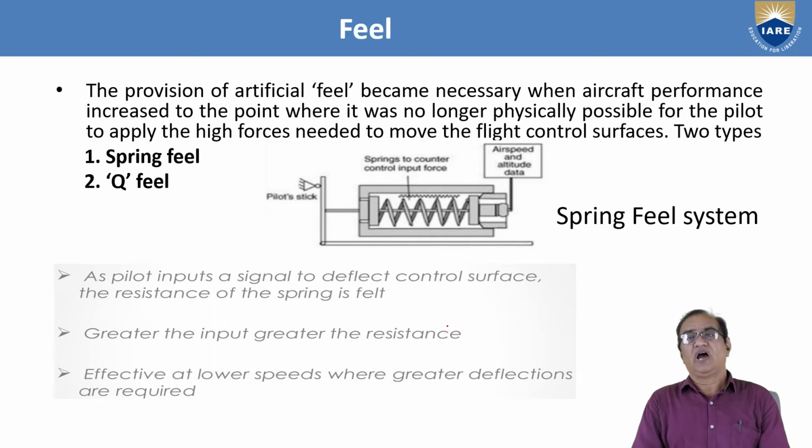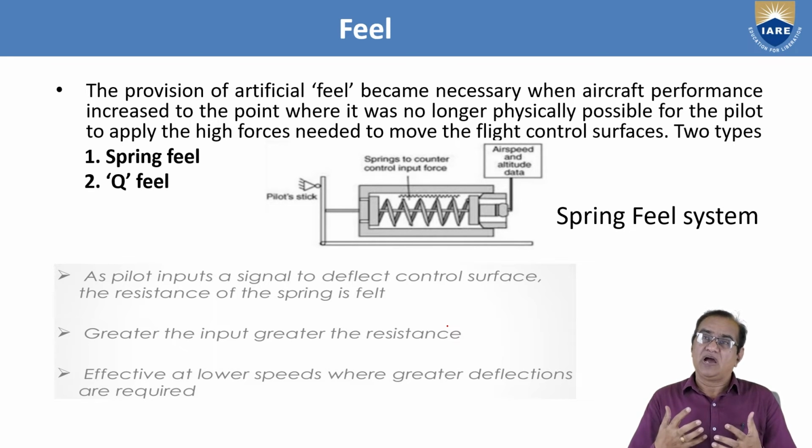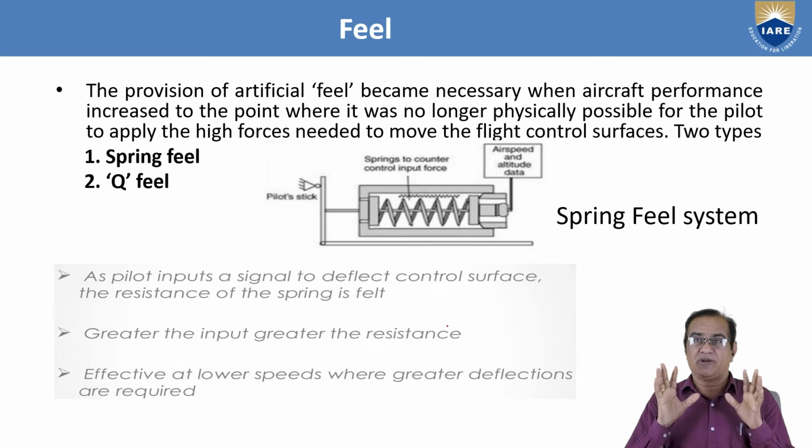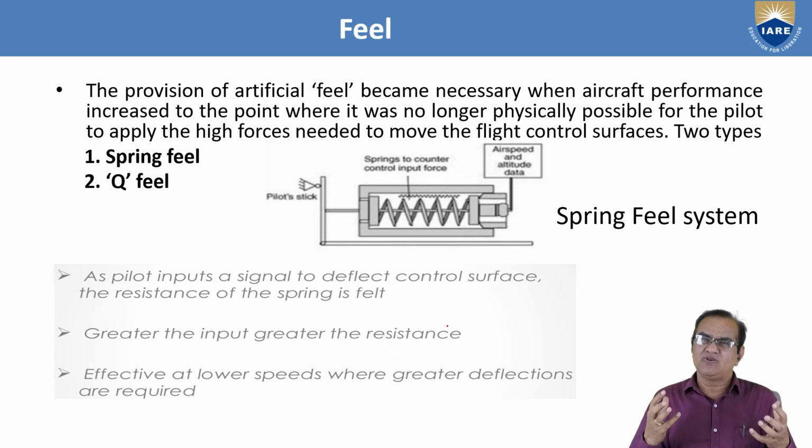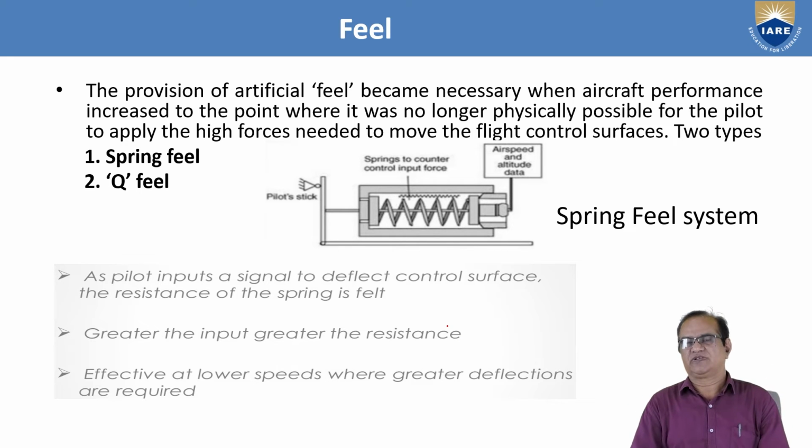So we need to understand and assess. This feel is provided by two types of system. One is with the help of the spring and another with the help of the Q feel. Q is what? It is a dynamic force. The pilot will experience a dynamic force.